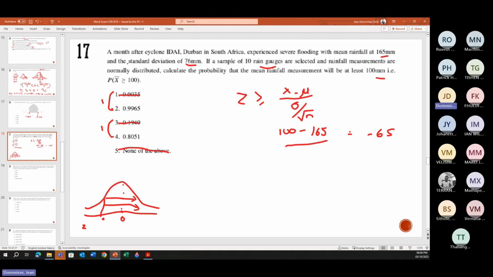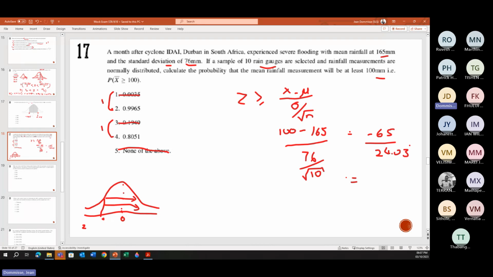Then we need to say divide by the standard deviation divided by the square root of n, which is 10. Okay, so if I do that, and let me quickly do that, 67 divided by the square root of 10, I get about 24.03.